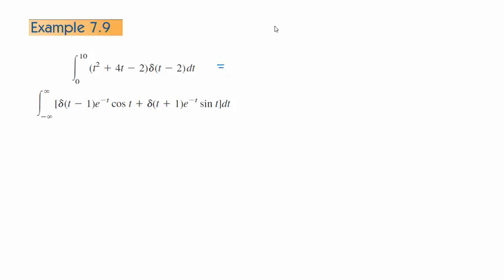So all that means is that you do t squared plus 4t minus 2, and you evaluate that at exactly t equals 2. You do that and you get 4 plus 8 minus 2, and that answer will be 10.